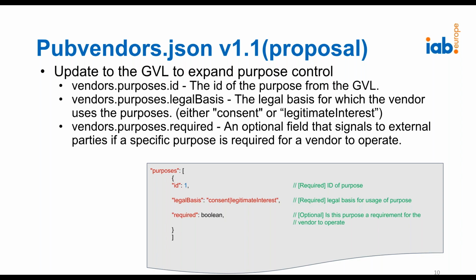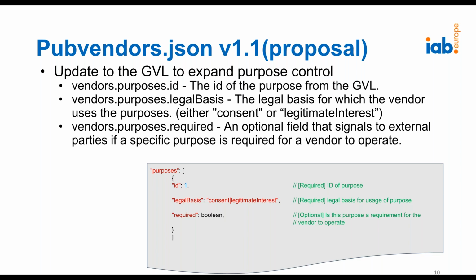Along with this, we're updating the global vendor list to expand the purpose control. We're adding in a new purposes field where you can specify whether the legal basis is consent or legitimate interest. That's something that currently we don't have clearly specified.